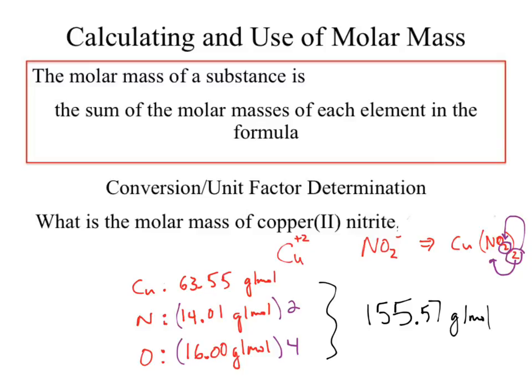Sig figs, should we worry about them? Fine. So if we go through and look, we've got 4 sig figs in our copper, 4 sig figs in our nitrogen, 4 sig figs in our oxygen. When we add those all up, we're going to be doing it based on least what? Unfortunately not.